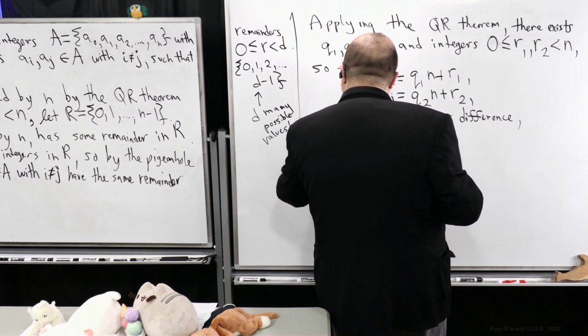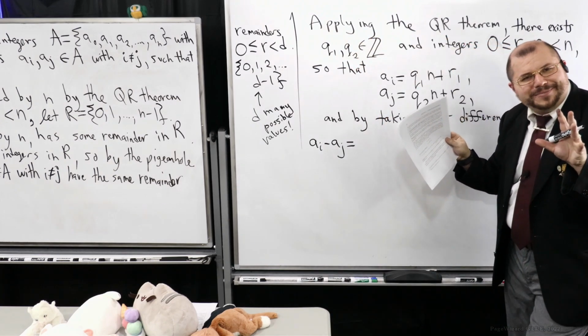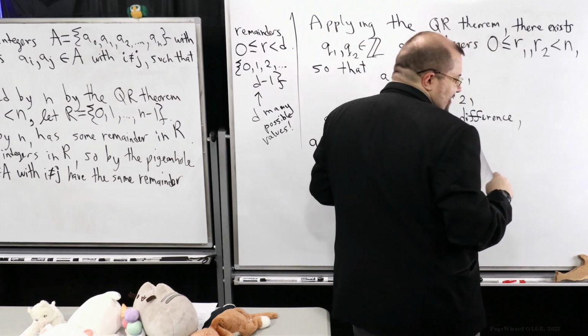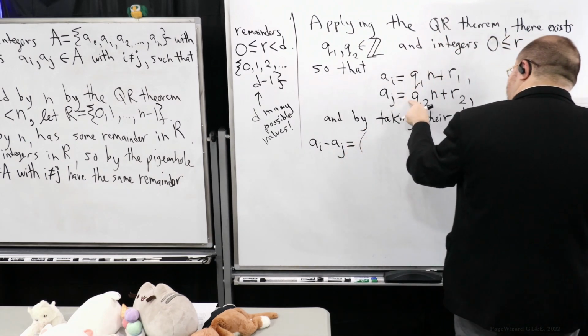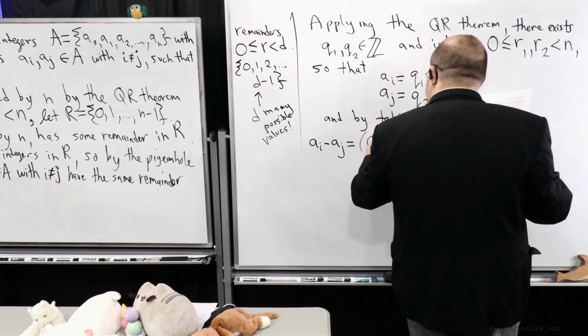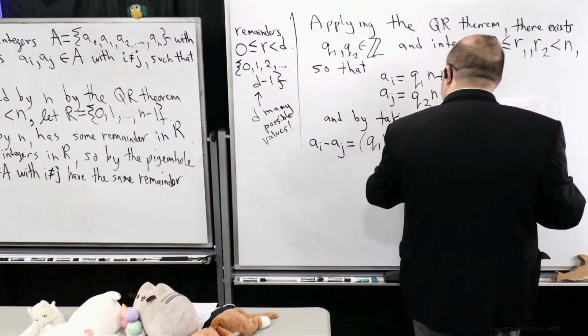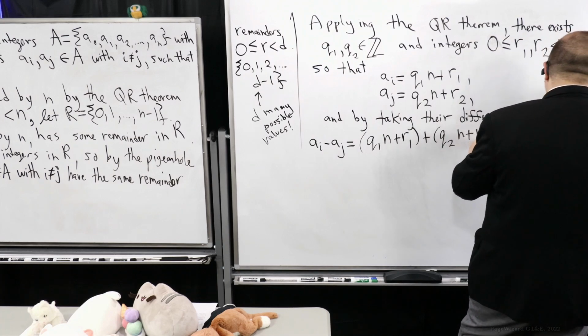And watch this. You're going to see a definition pop up that'll remind you of something. I'm just going to write what each of these equations tells me Ai and Aj are: Q1 times n plus R1 minus Q2 times n plus R2.